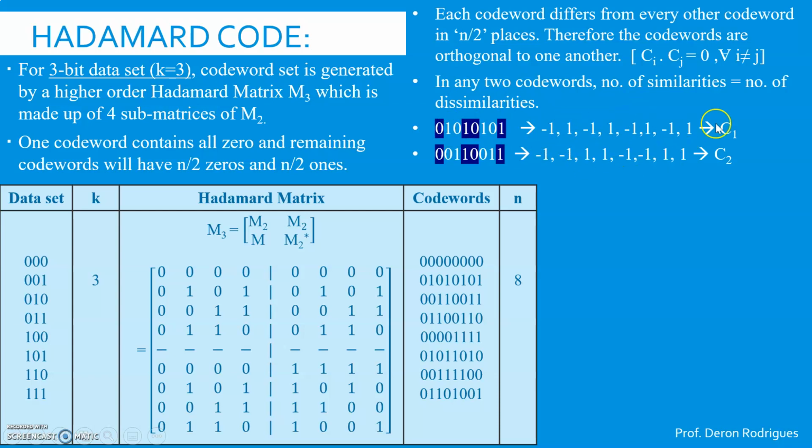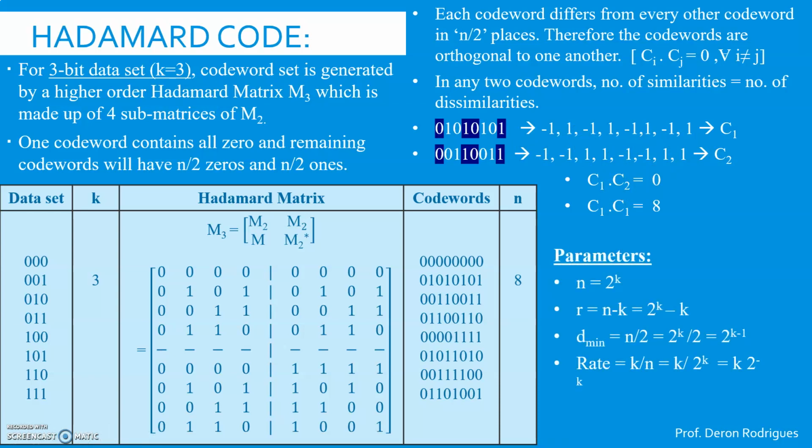When I multiply these bits bit by bit, -1 into -1 I get 1, 1 into -1 I get -1, 1 into -1 I get -1 again, in such a way that C1 dot C2 will be equal to 0. That is the reason I can say that these code words are orthogonal to one another. But when I do C1 dot C1, I will get 8 because all will have the same signs.